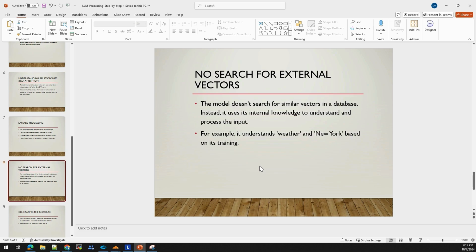Unlike a search engine that looks for information outside, LLMs use their own internal knowledge. It's like having a massive library in its head. When you ask a question, it searches its library, uses the information it already knows, and then generates the response.